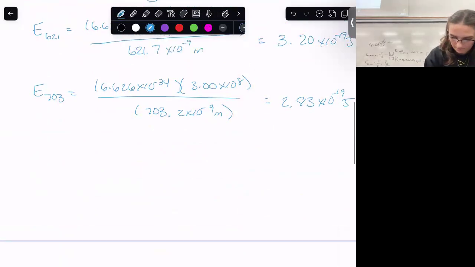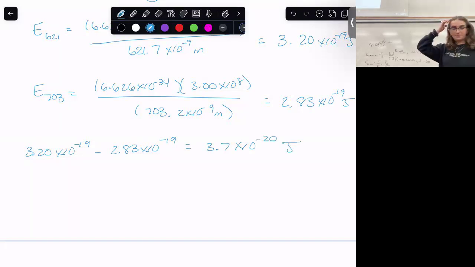So we have 3.20 times 10 to the negative 19 minus 2.83 times 10 to the negative 19. So I got 3.7 times 10 to the negative 20th joules.